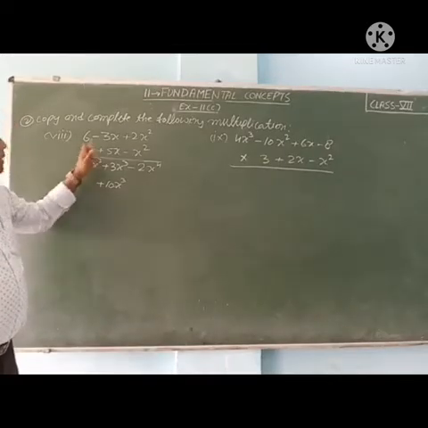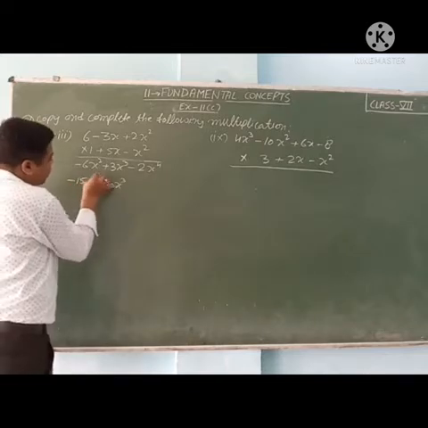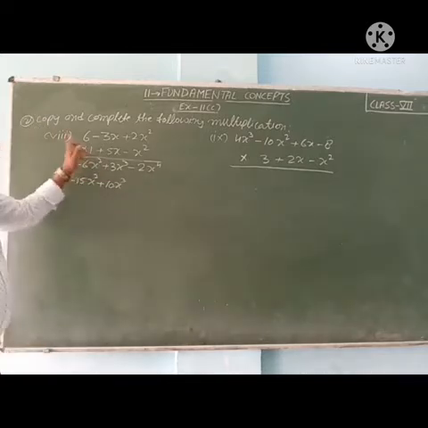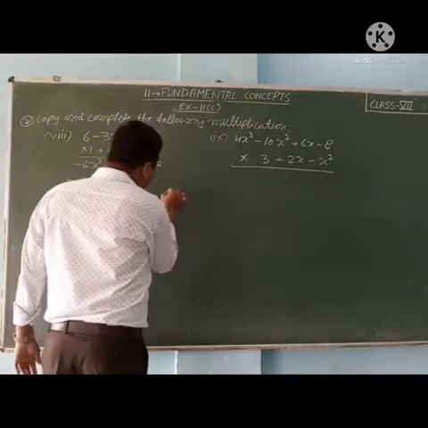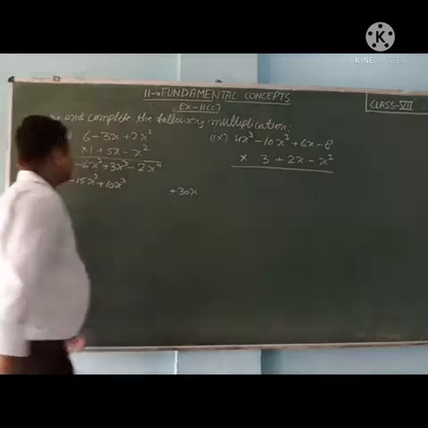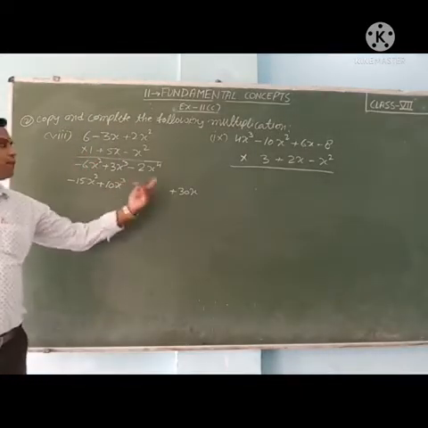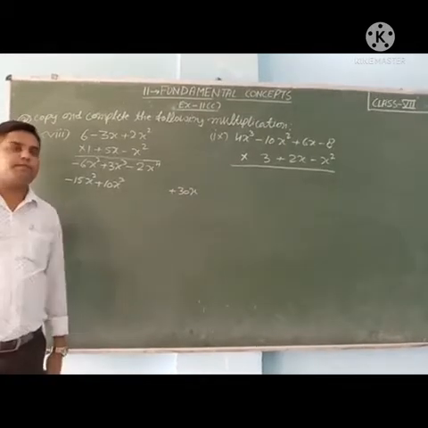Yes. So minus 15x square we will write here. Then 5 6s are 30x. So we will write here plus 30x. Because no like term with x in first multiply, so we will write separate here plus 30x.